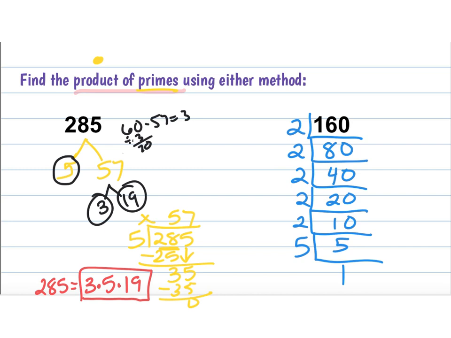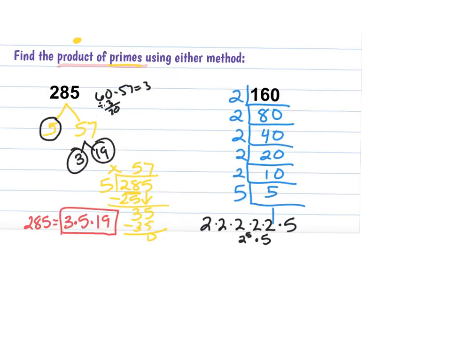So one thing, that one written out, I see that I have 2 times 2 times 2 times 2 times 2, 5 times another 5. So I can write that as 2 to the 5th power times 5. A great method too, if you would have chosen the factor tree, what I might try is because it ends in a 0, I know that's a nice easy 10 times 16.